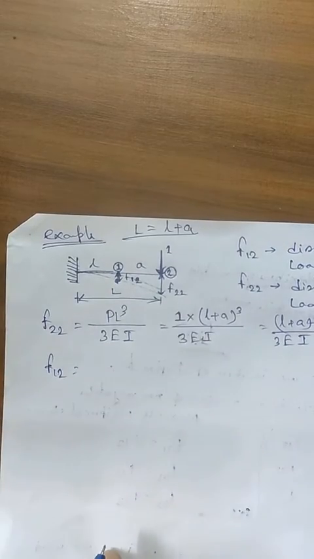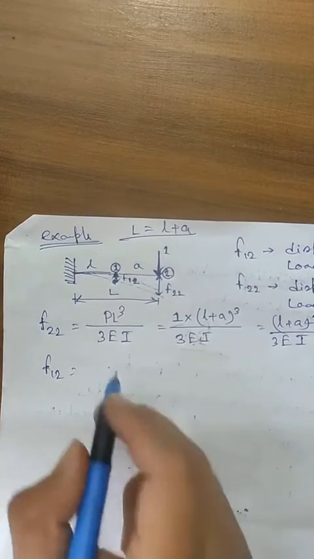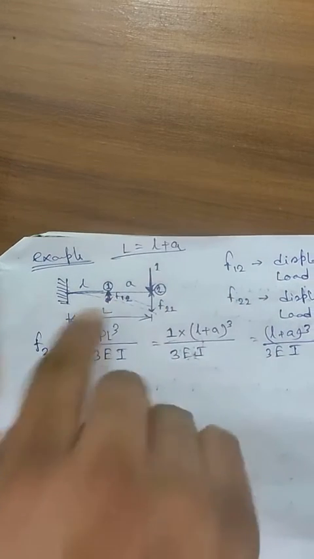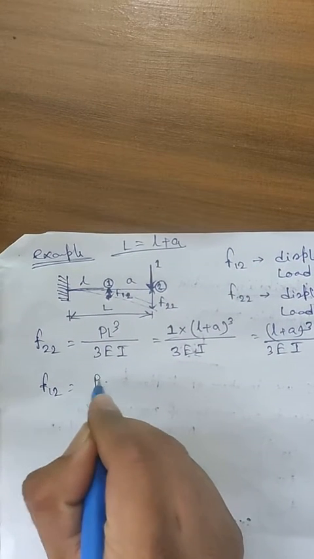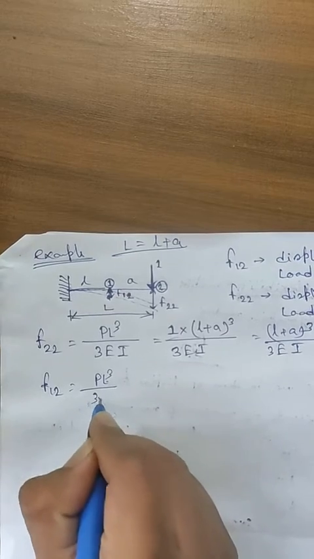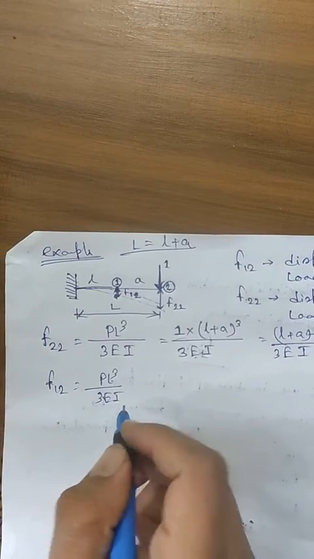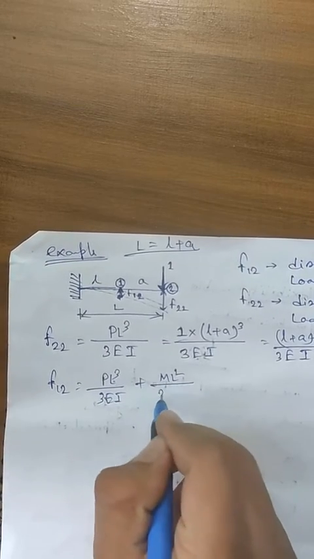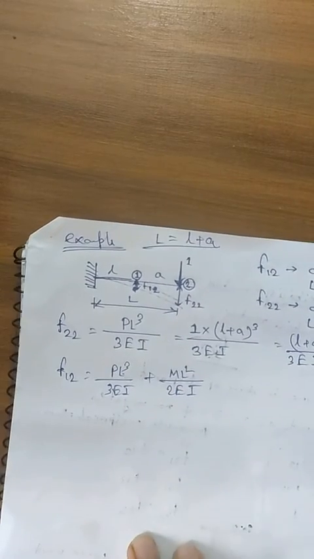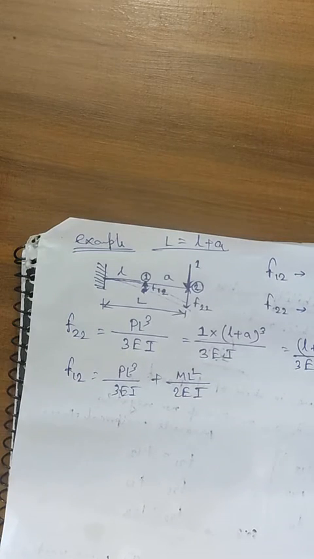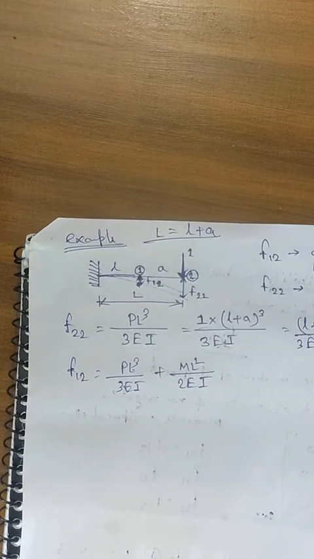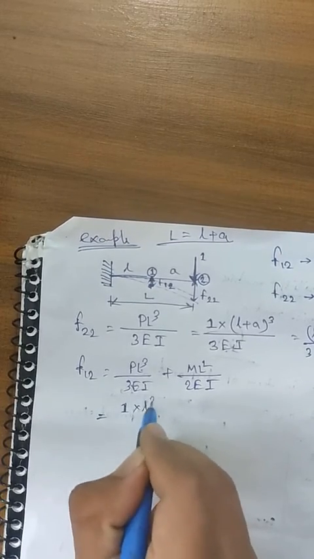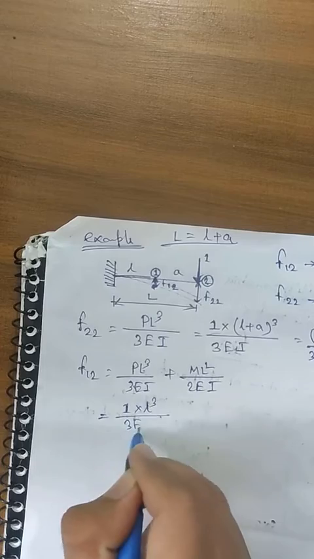Now F12 means this one. At this point we have to find the displacement, so we have to move the load from this point to this. So the formula is PL cubed by 3EI plus ML squared by 2EI. That is the formula I told you in the previous class. So P value is 1, that is L cubed divided by 3EI.